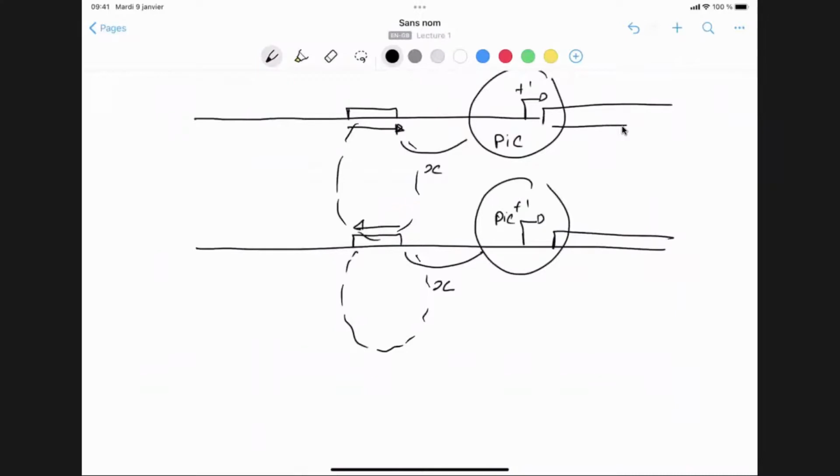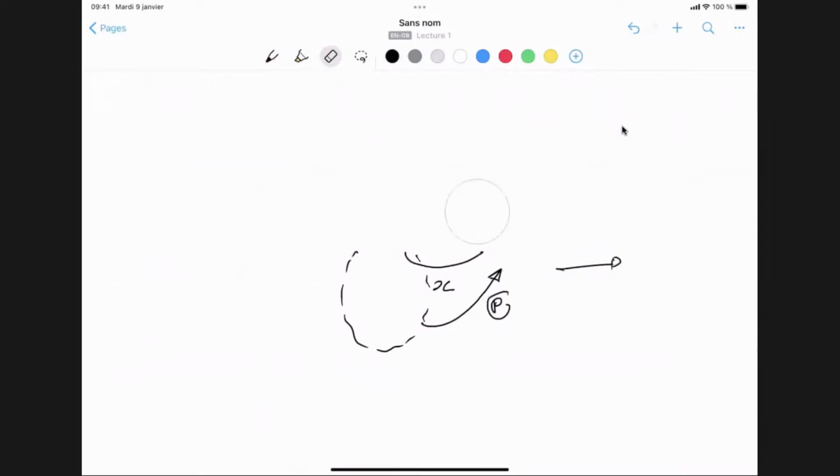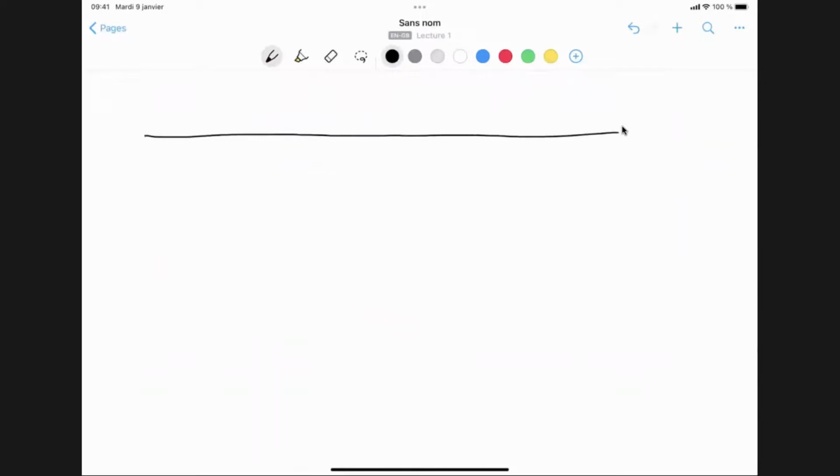The binding will just be reversed, but the protein can still manage to phosphorylate the polymerase and activate. So you can imagine something for the promoter which is like that. And after we will see the rest of the slide.